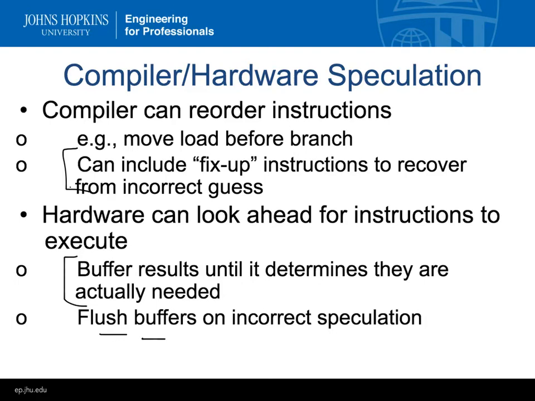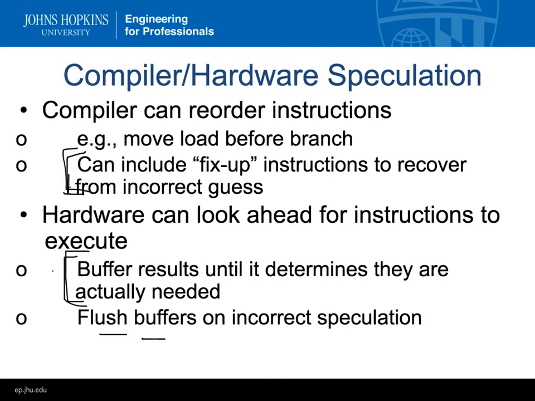So here are some of the techniques we can use. We can reorder instructions; with static you can reorder, but once it's in the pipeline, they come out the same way they went in. With dynamic, you can actually add other instructions to fix up the mistake. You can buffer results until they're needed.